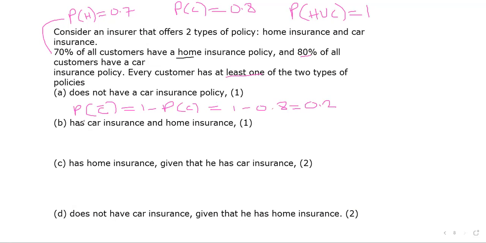Then a person has a car insurance, and the word "and" means intersection. The word "or" means what? Union. All right. So we know from our axiom that the probability of what?